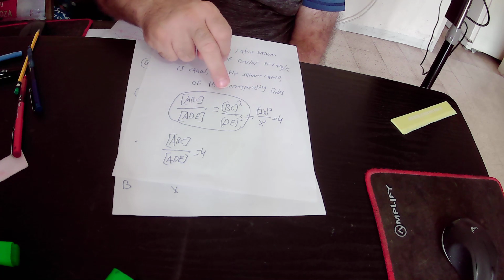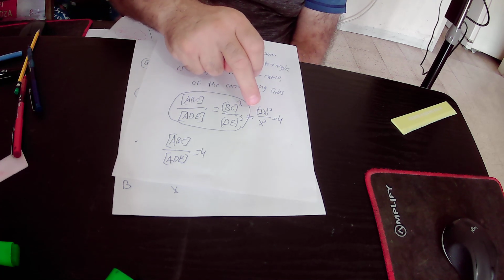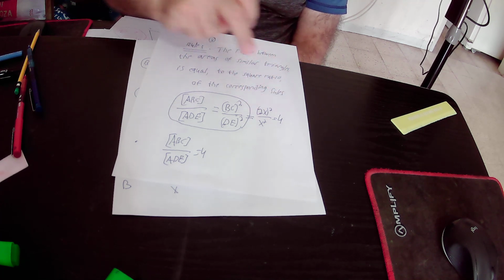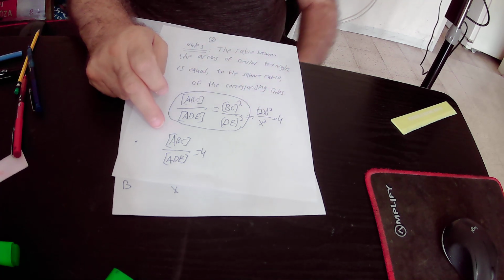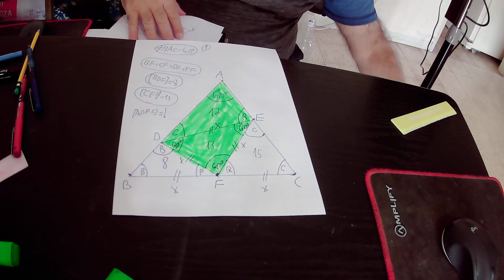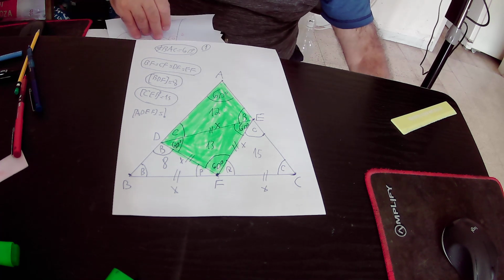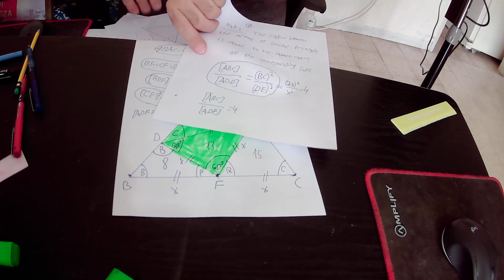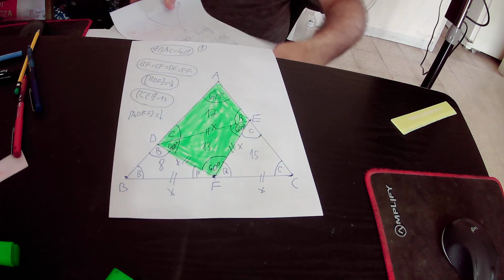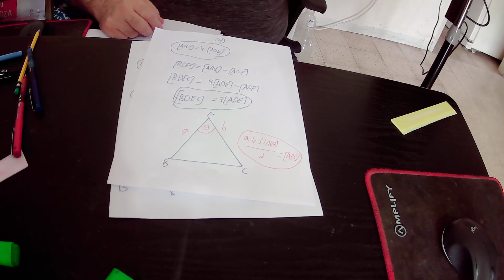BC equals 2x, DE equals x, so BC squared over DE squared equals 2x squared over x squared, which is 4. So the area of triangle ABC over the area of triangle ADE equals 4. If we multiply this equality by the area of triangle ADE, we get that the area of triangle ABC equals 4 times the area of triangle ADE.